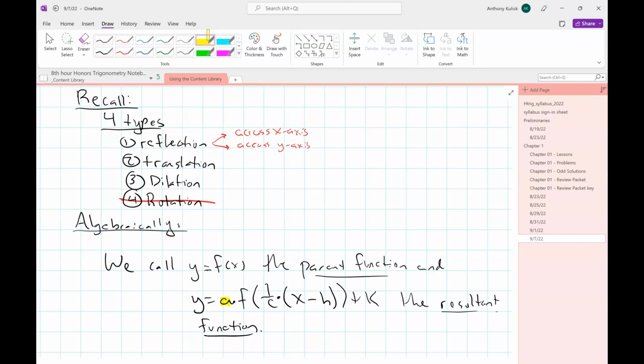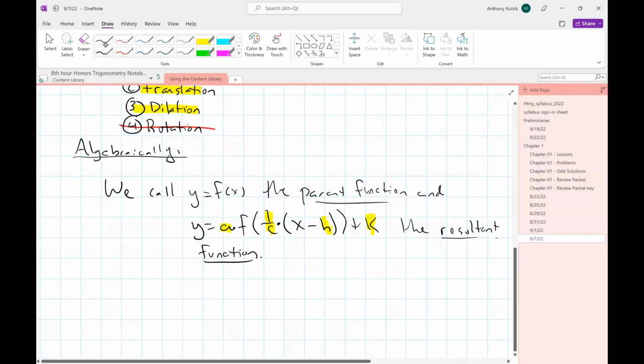So these coefficients a, c, h, and k are going to control our reflections, translations, and dilations. So let's talk about the reflections first.